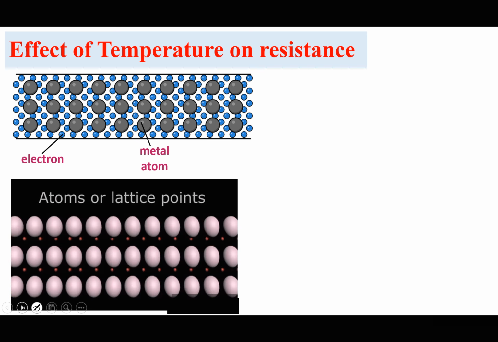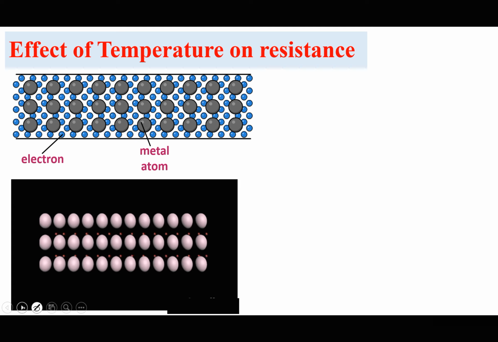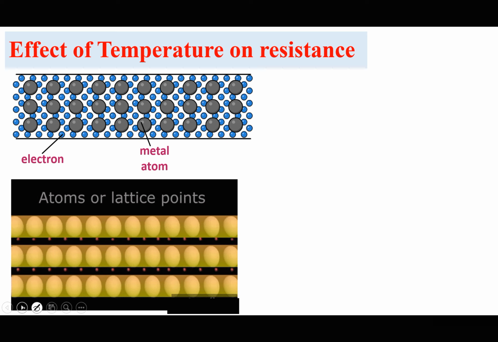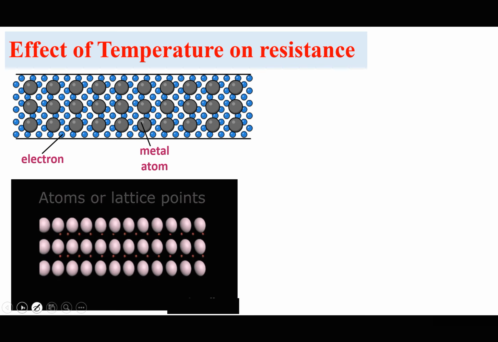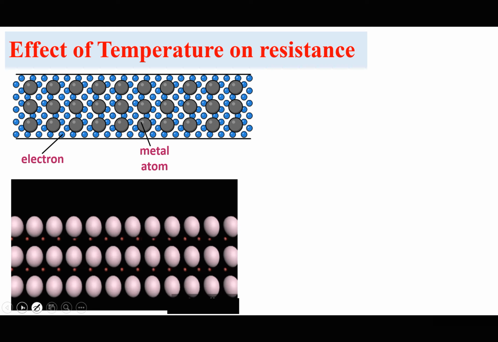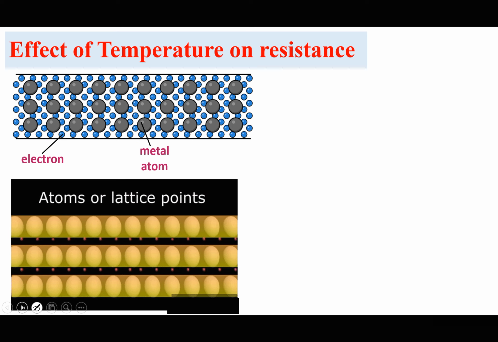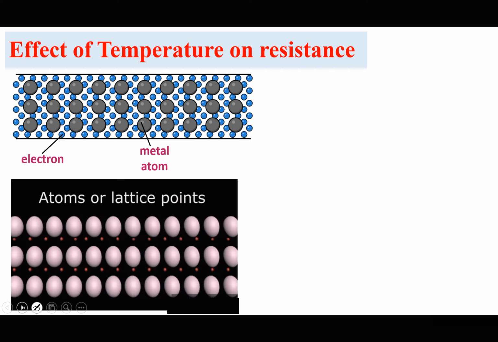So the free moving electrons are going to be interrupted by the vibration of the atoms. And as the atoms vibrate, they collide with the moving electrons, taking up some of their energy and therefore interrupting their motion. So these interruptions are the ones which prevent or reduce the flow of current in the circuit.